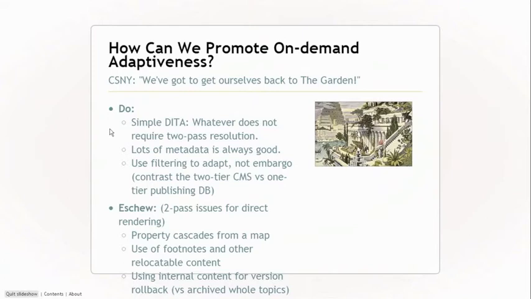So simple data is anything that doesn't actually get into that kind of use of data. And it is possible on appropriately scoped projects to work with content in that manner.